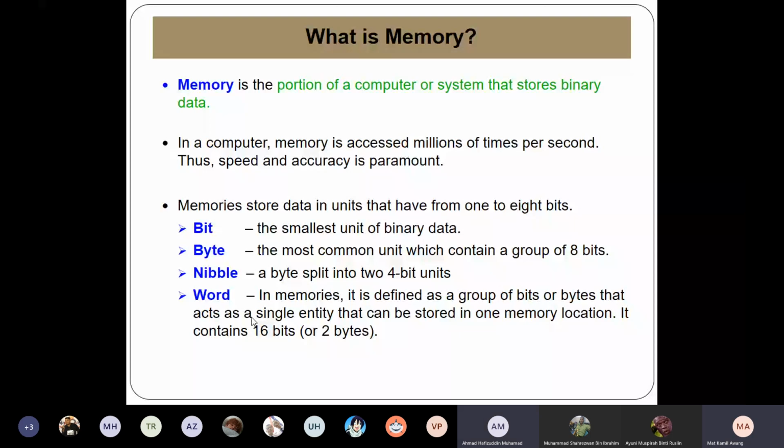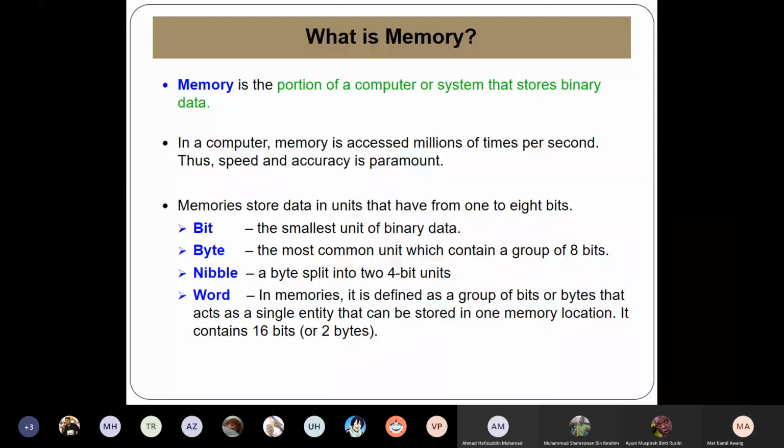A bit is the smallest unit of binary data. Then you have a byte. A byte is a group of 8 bits. So it's called a byte.